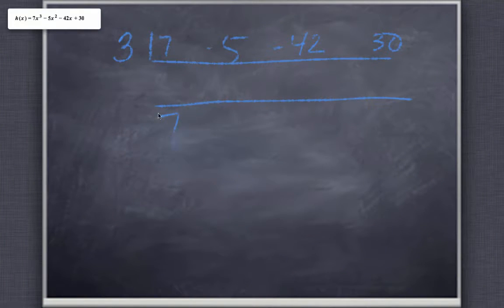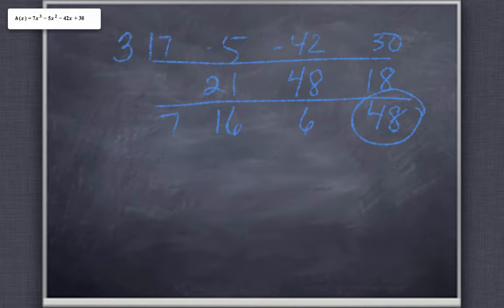Bring down the 7. 3 times 7 is 21. Add these, 16. 3 times 16 is 48. Add those, 6. 6 times 3 is 18. Add those, 48. This is the remainder. This means, I'll write what this means one time, and then for the rest of this problem, I'll just answer the question.